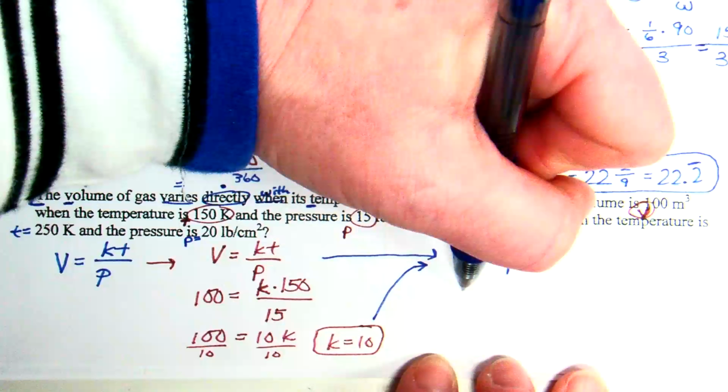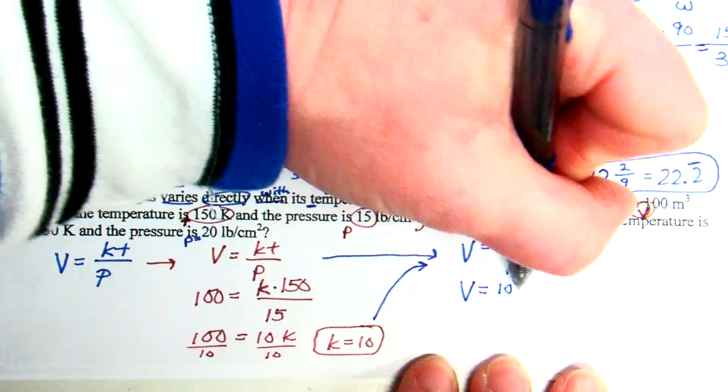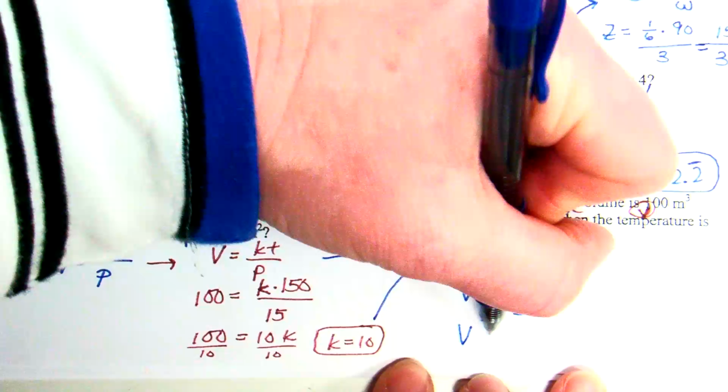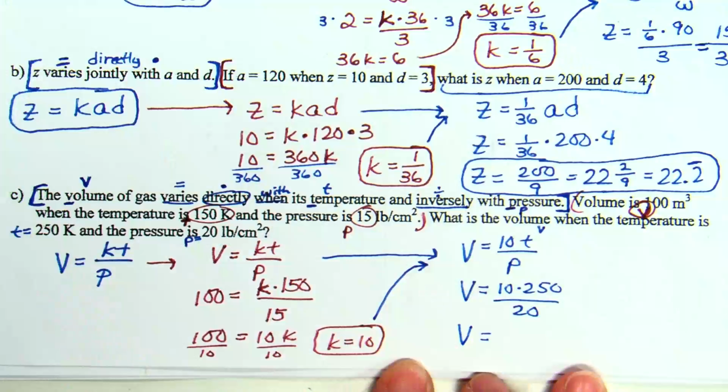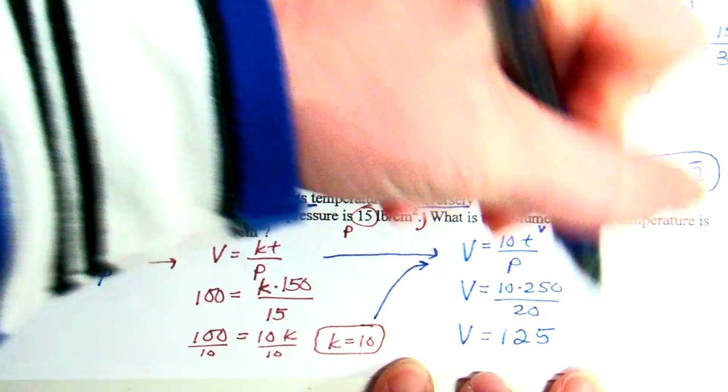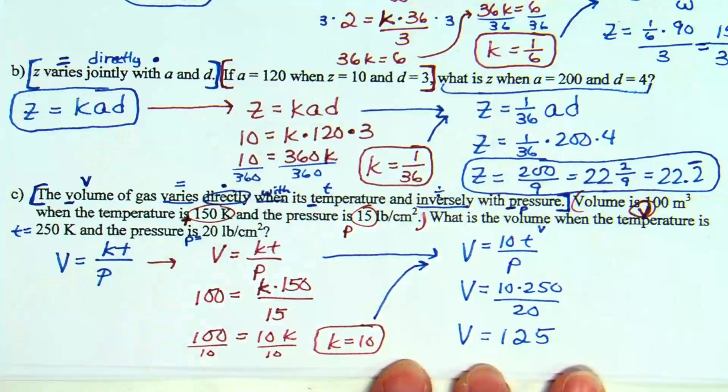So fill it in. V equals 10 times 250 divided by 20. Ends up being 5 times 25, which is 125. This is volume. How was volume labeled in this problem?